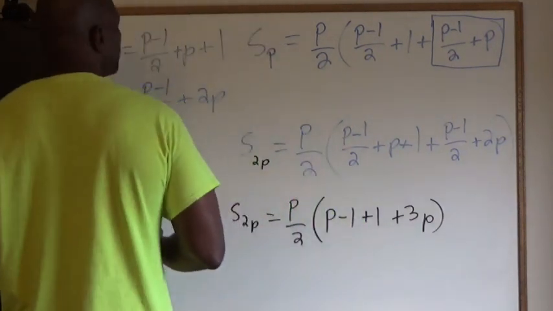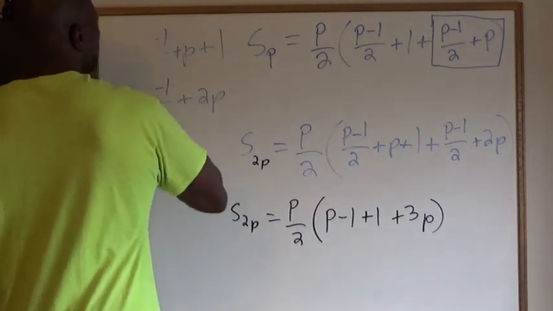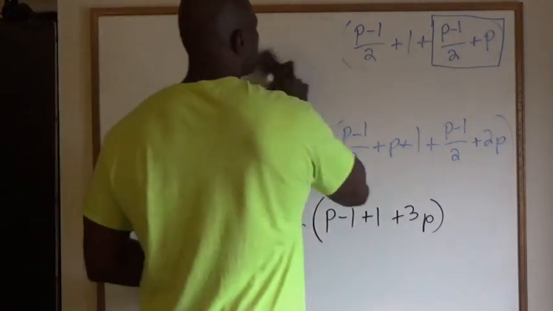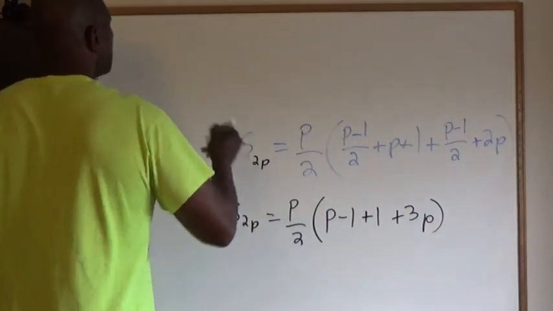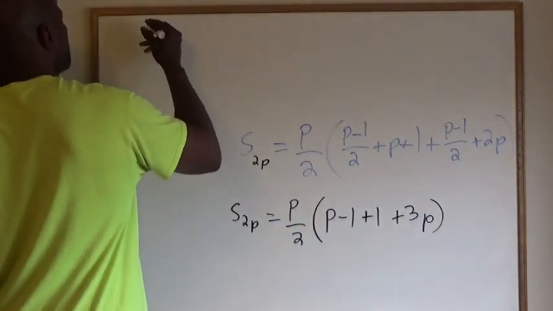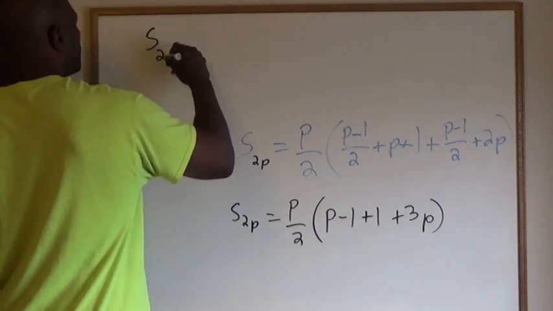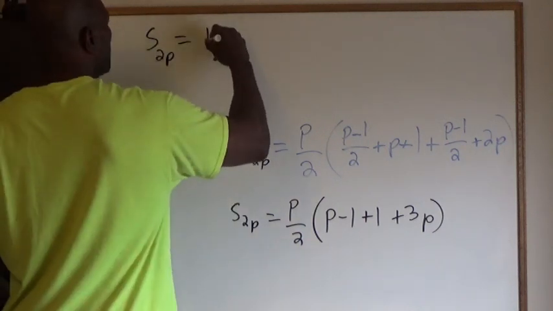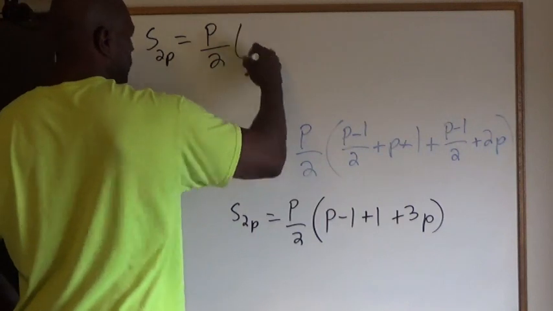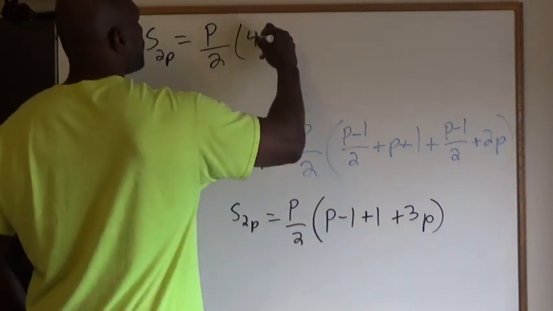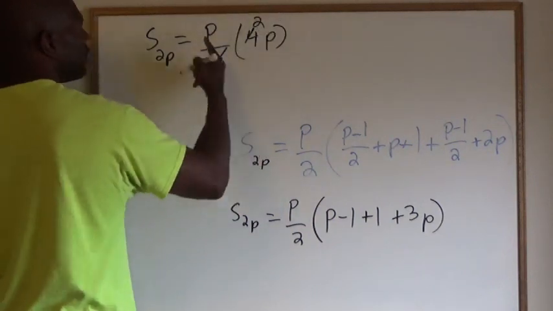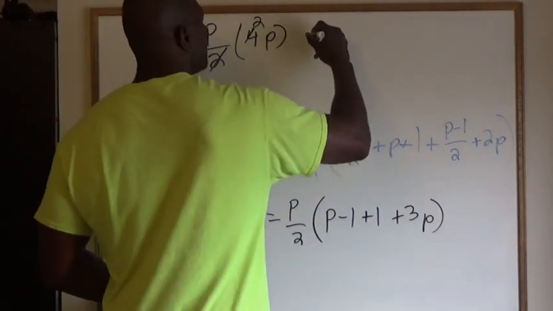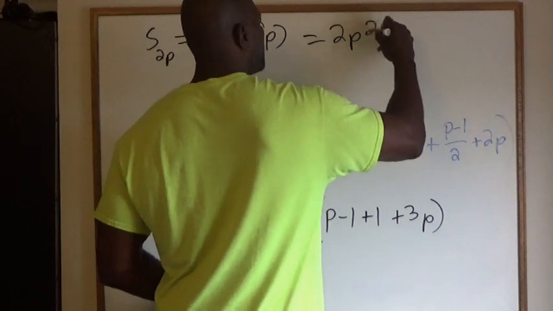So the sum of this second partition is going to be p over 2 times 4p. 2 will go into 4, call that 2p times 2p is 2p squared.